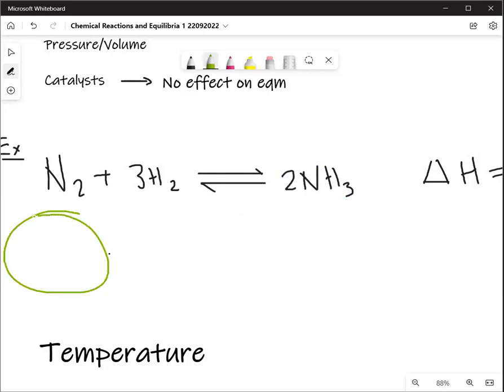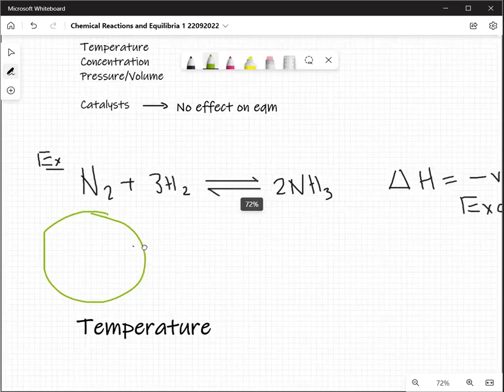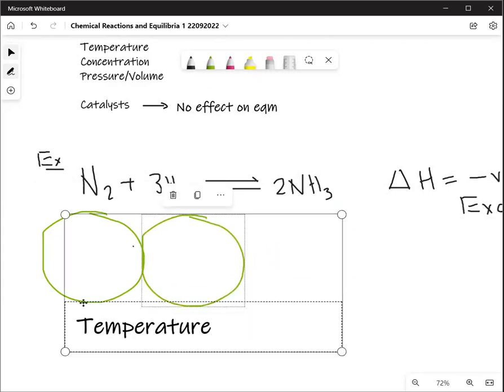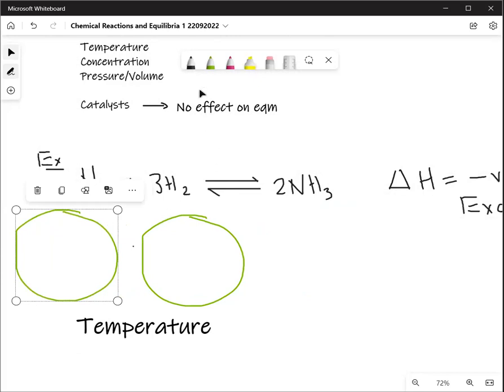Perhaps you have a lot of these left at equilibrium, about this much of nitrogen, this much of hydrogen, but only this much of ammonia is produced. So they don't have to be the same. This is the amount of nitrogen we have at equilibrium, this is the amount of hydrogen, but this is the amount of ammonia we have. Now this right here is ammonia, right? You know that.